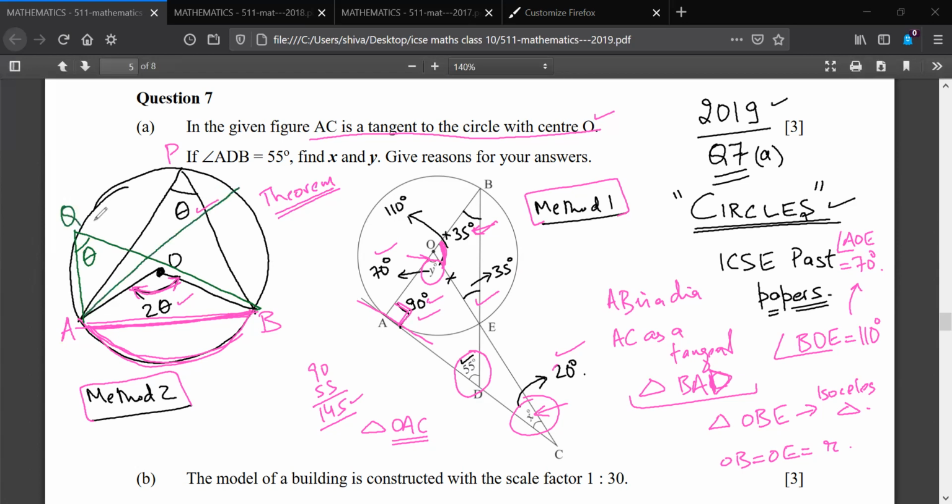This AQB would also be theta, and angle ARB would also be theta. And therefore, what I see is that angle AQB is equal to angle APB is equal to angle ARB. All of them are equal to theta. And this theta that I have here is actually half of this. Any doubt? No, sir.